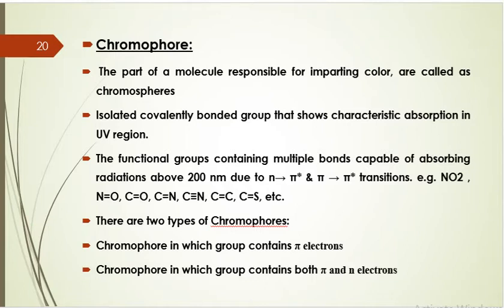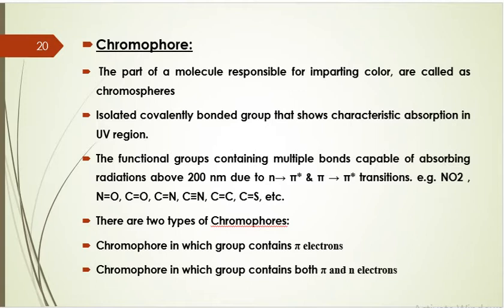Some of the very important chromophores are ethylenic groups, acetylenic groups, carbonyl groups, and nitrile groups. The carbonyl group is considered one of the most important chromophores. The absorption of light by such isolated carbonyl groups will have an effect on the color producing property of a compound.